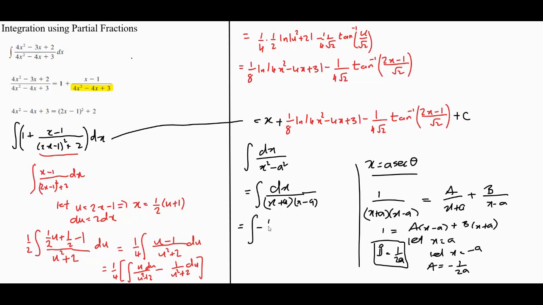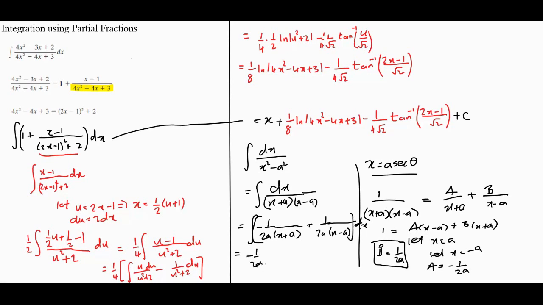minus 1 over 2a times 1 over x plus a, and plus 1 over 2a times 1 over x minus a, dx, of course. So this, as you can see, can easily be solved then.